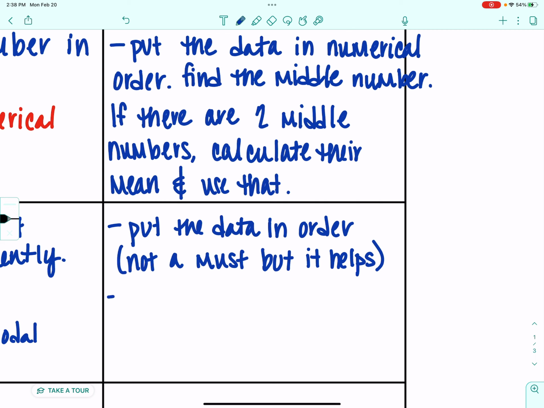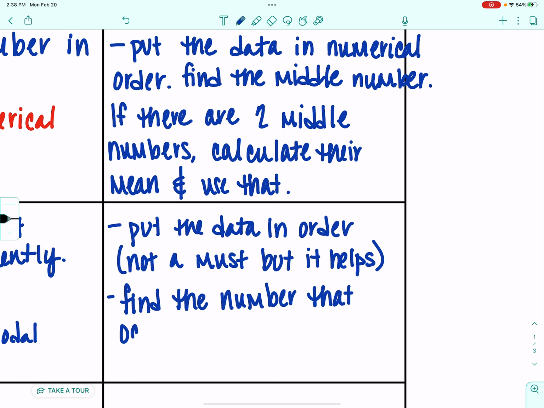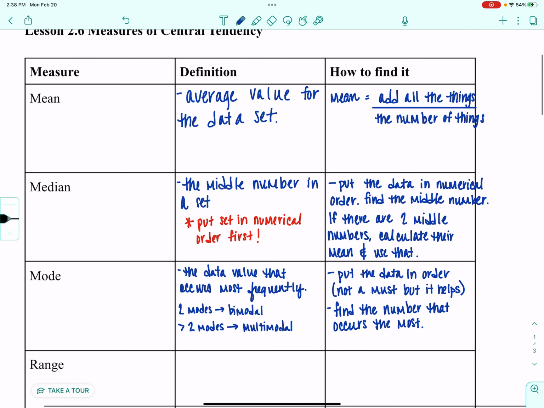Once it's in order, and again, it's not a must, but it does help, find the number that occurs the most. And again, it could be 1, or it could be 2, it could be 3 or 4.